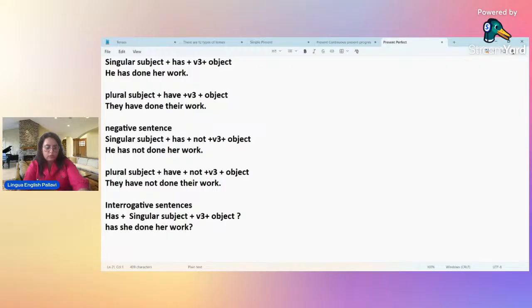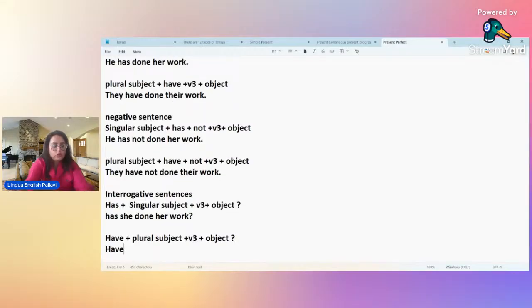A question. Now with the plural subject, the rule goes like this: have plus plural subject plus V3 plus object. In the perfect tense, we always use V3 plus object and a question mark.